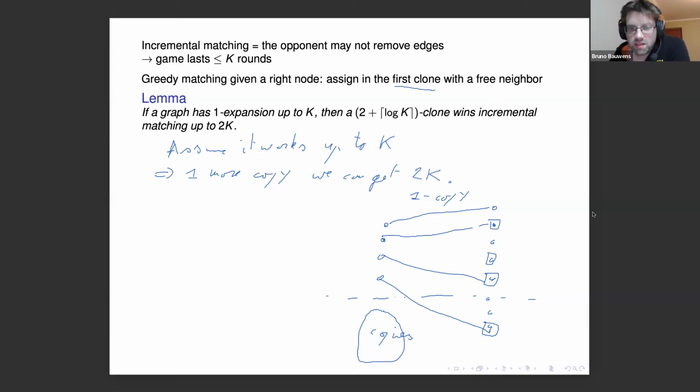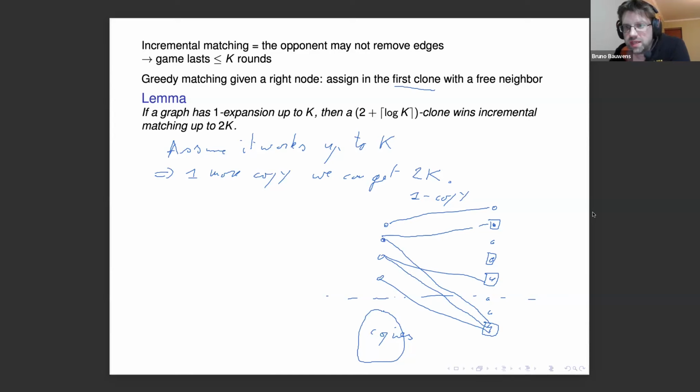We know that all the neighbors of these nodes are not free by the match, because if it had a free neighbor in the first copy, it would be matched in the first copy. And so now we can conclude that the number of nodes matched in other copies is at most the number of nodes matched in the first copy.